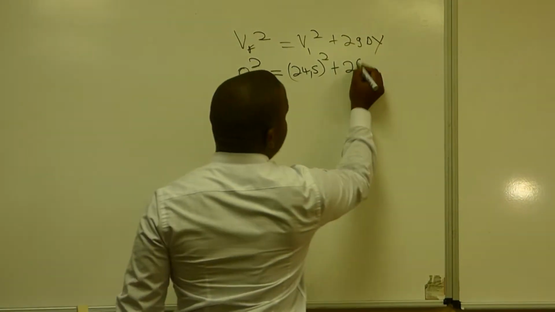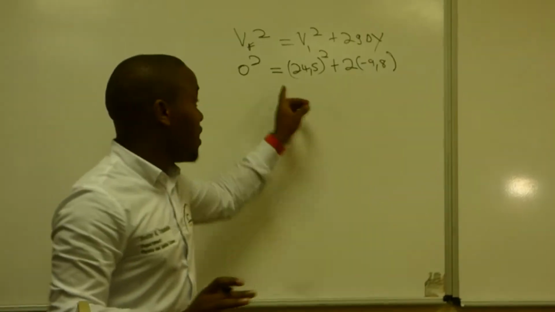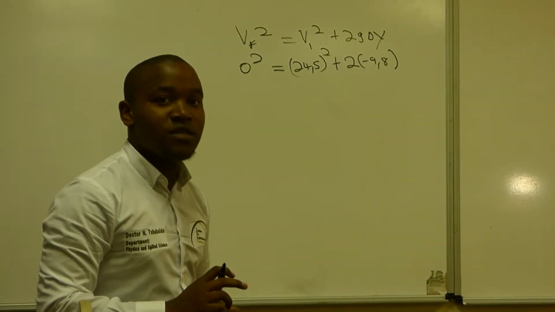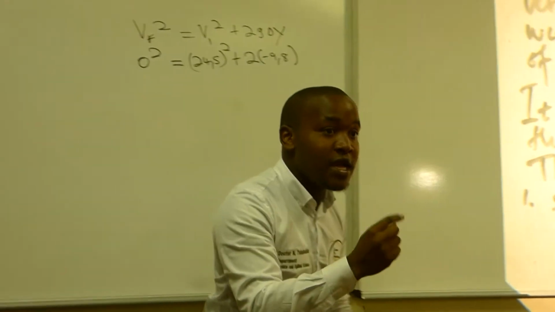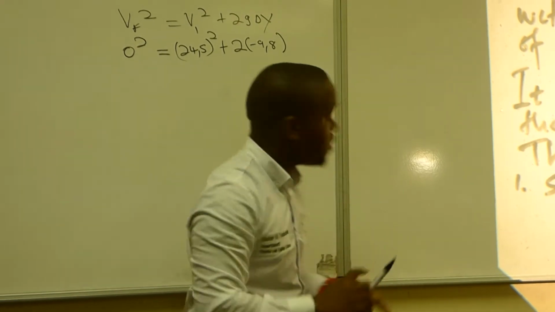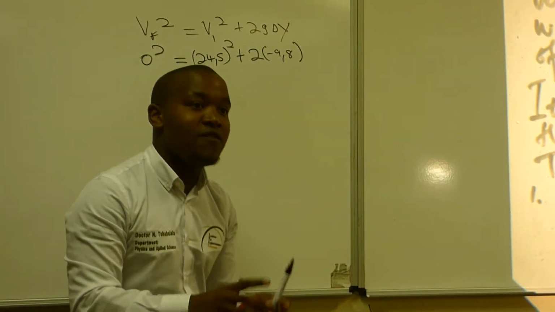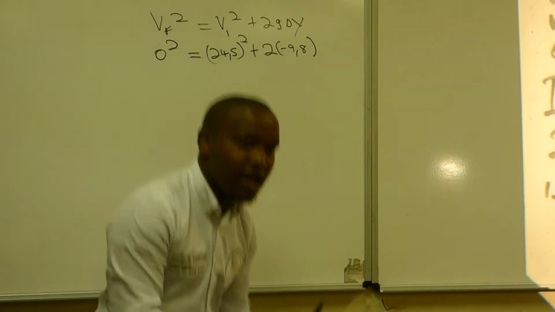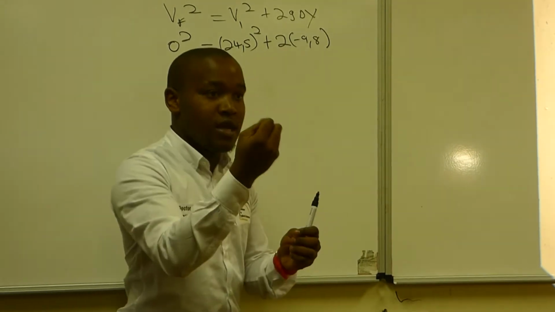So I'm going to have negative 9.8. Do you guys understand? Make sure that you understand. Initial velocity: Temba is projecting the ball upward, and if upward is positive, everything that goes up is positive. So that's why I have a positive value there. Because gravity pulls everything towards the center of the earth, its acceleration will also be negative.